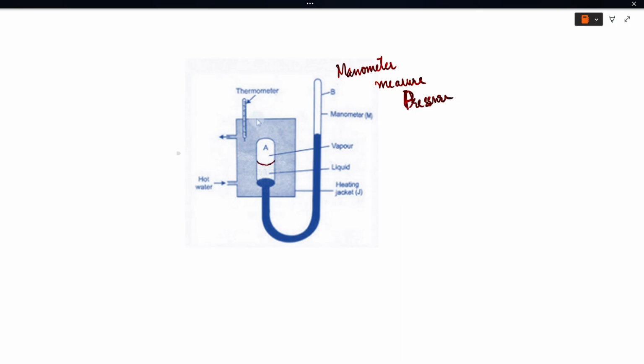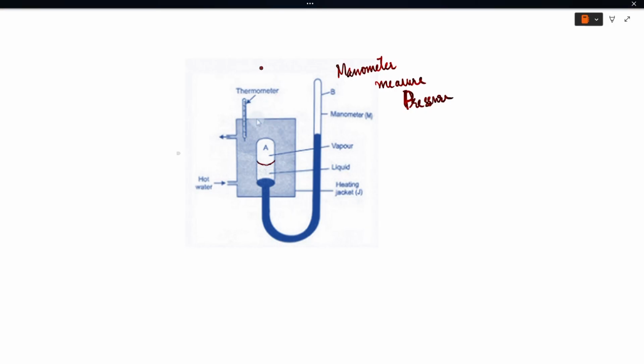Next, this glass bulb is inserted in an outer jacket, and this outer jacket is filled with either water or any other liquid, where the liquid bath can be maintained at desired temperatures. So, this acts as a water jacket. A thermometer is inserted in it, to read the temperatures. So, this is the setup.